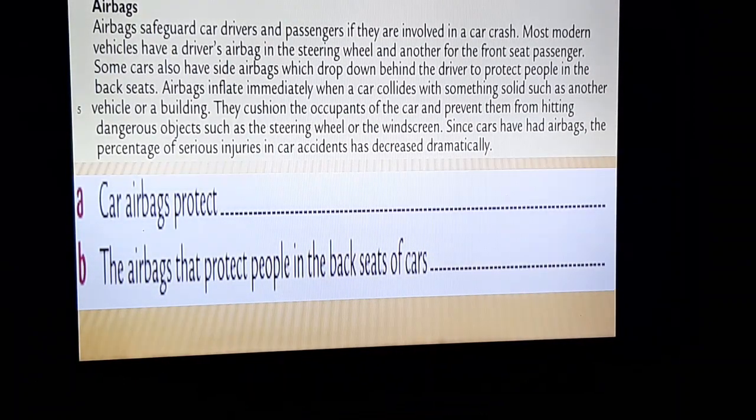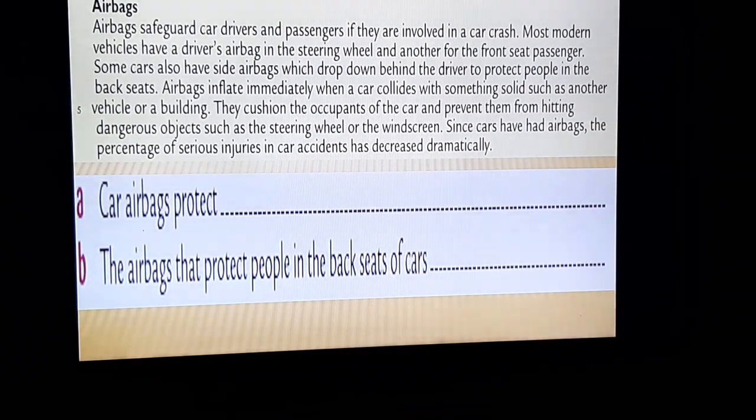So you should first read the questions well, understand them well, and then go inside the passage and find the answer. Car airbags protect drivers and passengers if they are involved in a car crash.